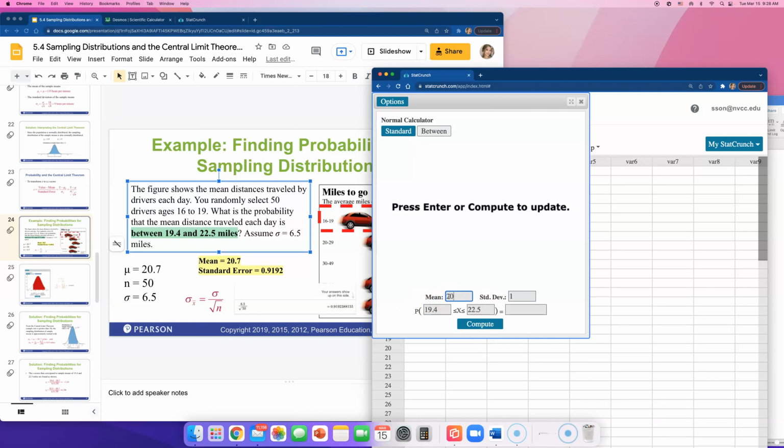The mean was 20.7. For the standard deviation, it will be wrong if you type in 6.5 here. It's not 6.5. The standard deviation of the sampling distribution of the sample mean follows that formula. So you're going to have to type in 0.9192. And that's it. You click on compute.